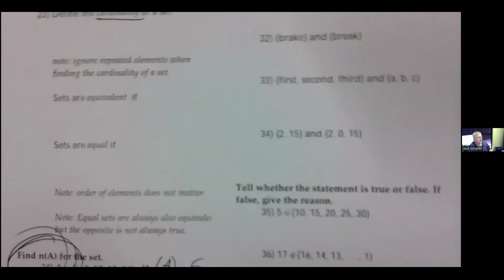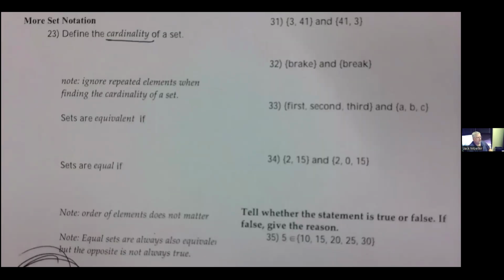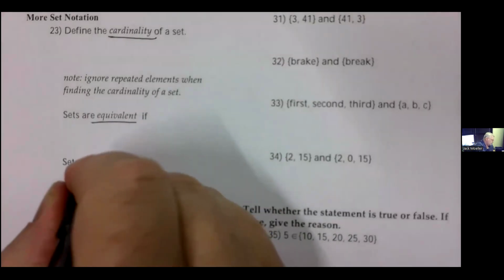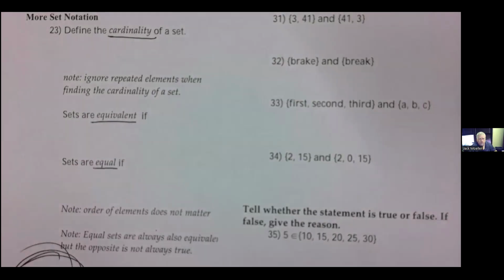All right. Let's back up to some more definitions. Like I said, there's a ton of them in this first section. And so sets are equivalent and equal. Now, if you're thinking in non-math terms, you may think these mean the same. In math terms, they definitely do not. I mean, they're related, but they are definitely not the same.